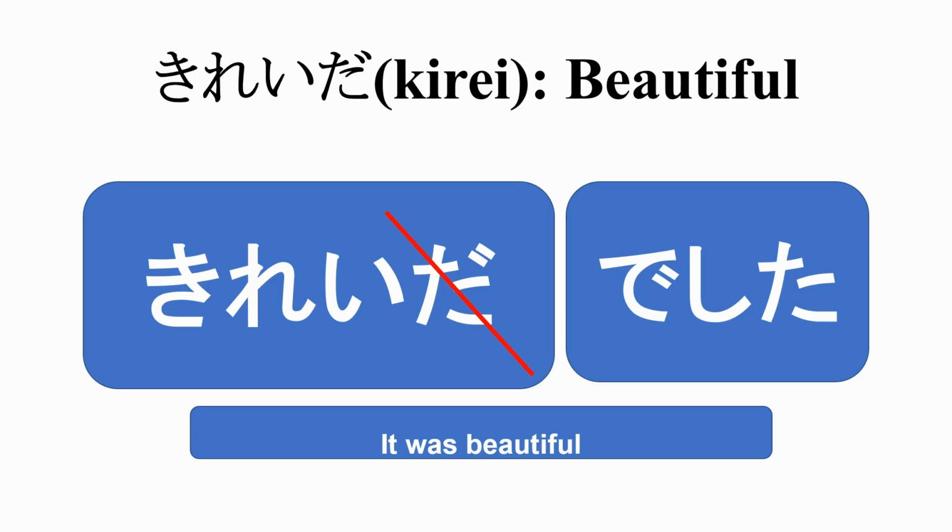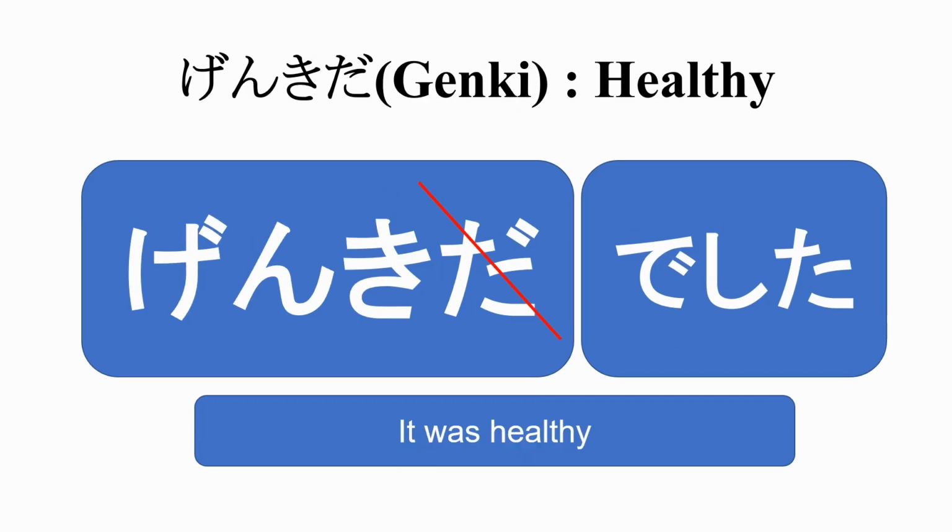For 綺麗だ, beautiful or clean, remove da and add deshita. It becomes 綺麗でした。For 元気だ, meaning fine or healthy, remove da and add deshita.